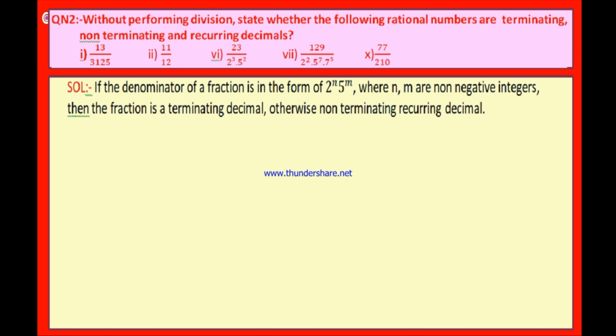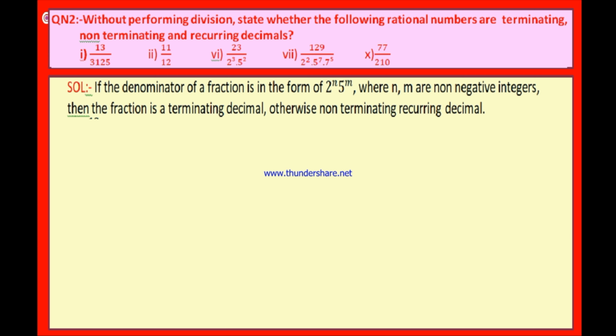If the denominator of any fraction is in the form of 2 power n into 5 power m, where n and m are non-negative integers, then the fraction is a terminating decimal. If the denominator is not in the form of 2 power n 5 power m, then the fraction is a non-terminating recurring decimal.